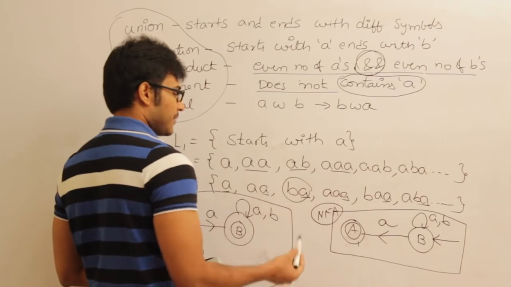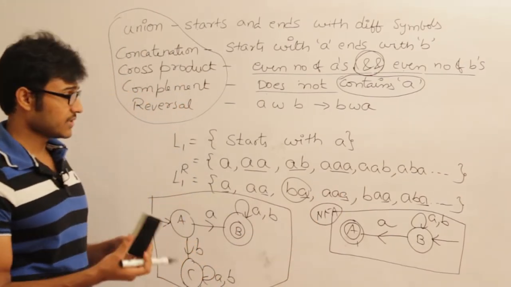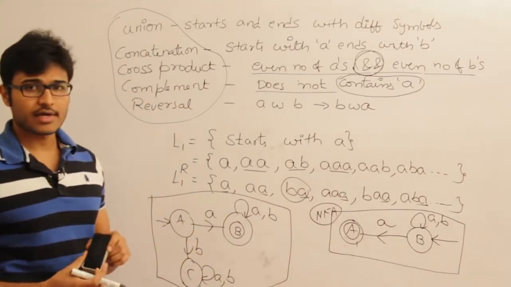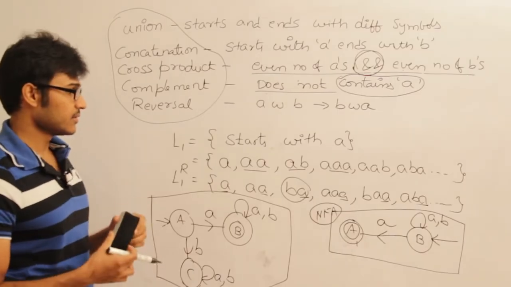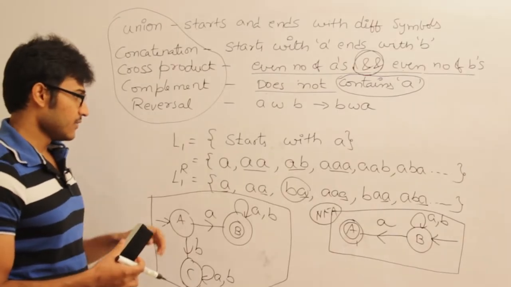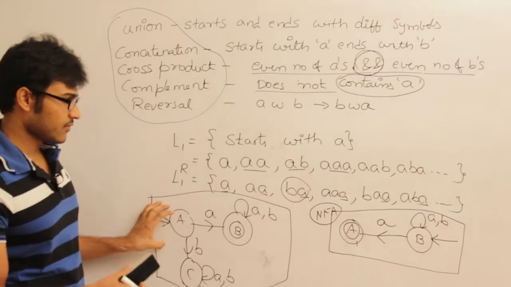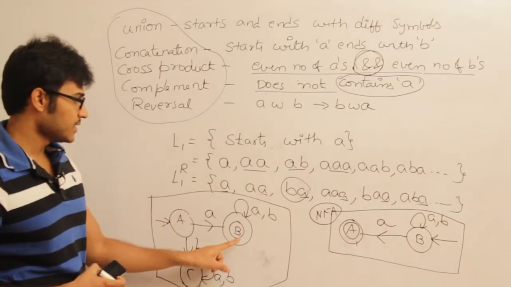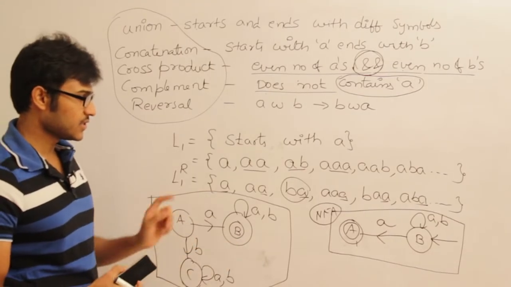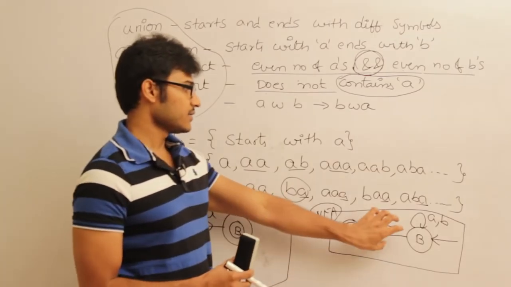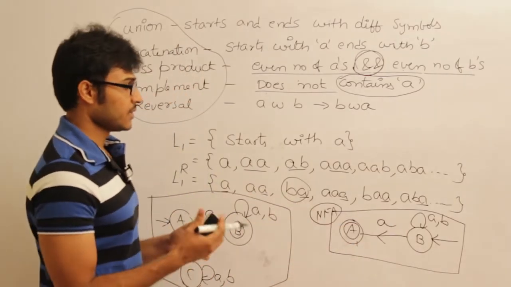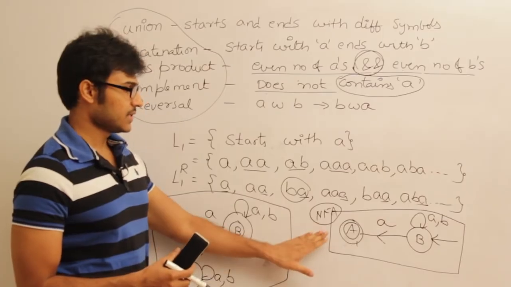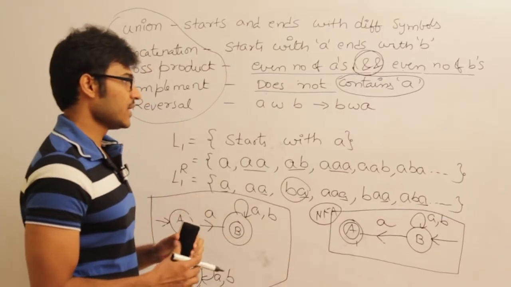So I don't mean to say that every reversal is going to lead us to an NFA. What I wanted to make clear is, if I reverse the directions of the transitions and make the initial state the final state and the final state the initial state, what I get is a finite automata which accepts the reverse of the language.